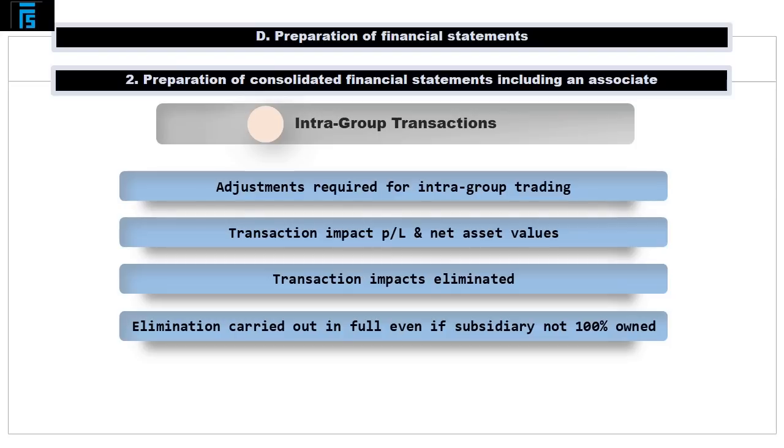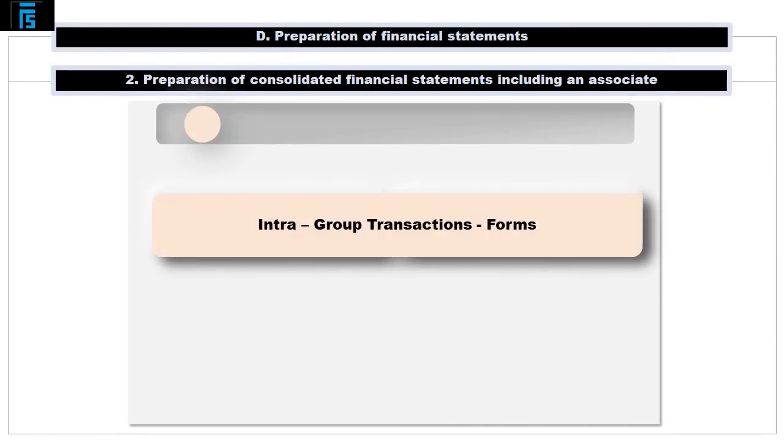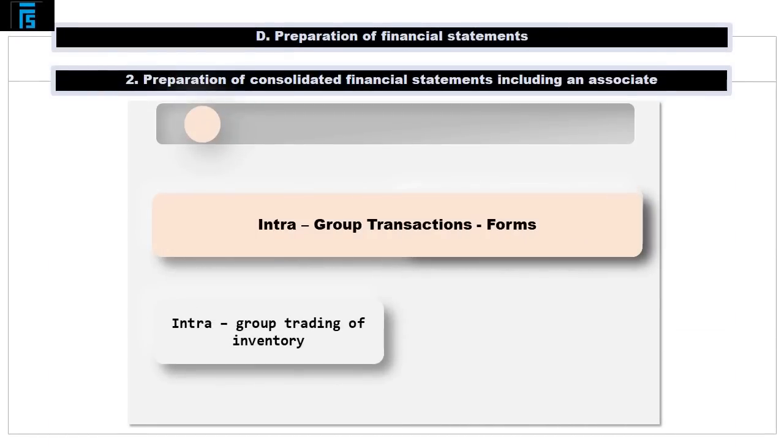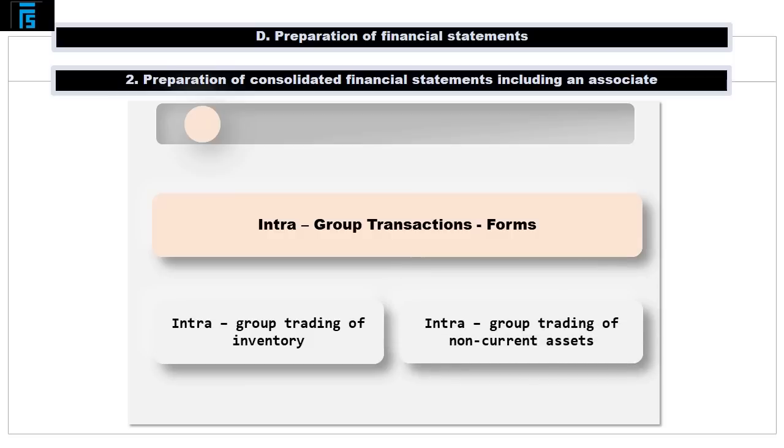There are two distinct situations in which intra-group profits may in fact occur. The first is when goods are sold by one member of the group to another and these items are used as inventory, and the other when the goods received are used as non-current assets.